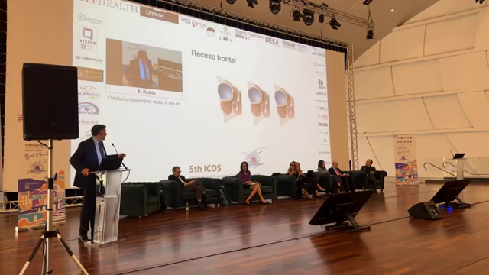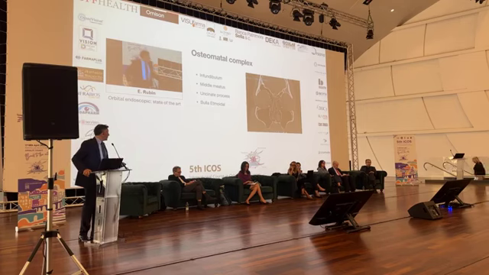If the uncinate process attaches to the medial orbit, your frontal sinus will drain directly to the middle meatus. But if it is attached to the skull base or to the middle turbinate, the drainage of the frontal sinus will be in the infundibulum. So the infundibulum is a very important structure in the physiology of the maxillary and frontal sinus.